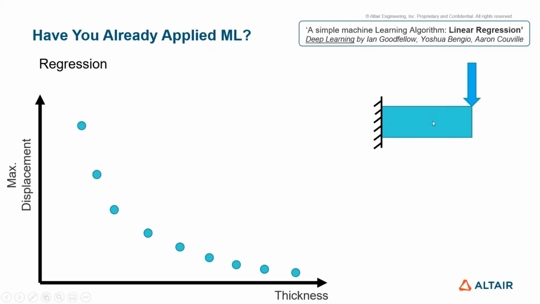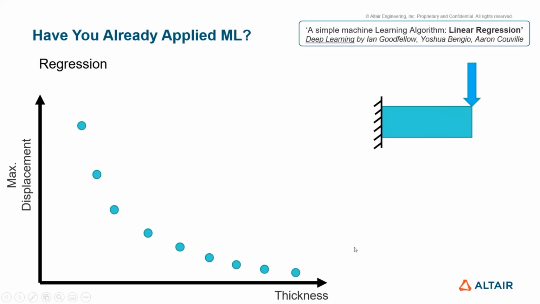The thickness, length, and breadth could all be variables, but to simplify I am taking only one variable: thickness is the only variable that changes. Material parameters, length, breadth, and loading condition are all fixed. At the free end you apply the load, and when you vary the thickness, you get the maximum displacement.